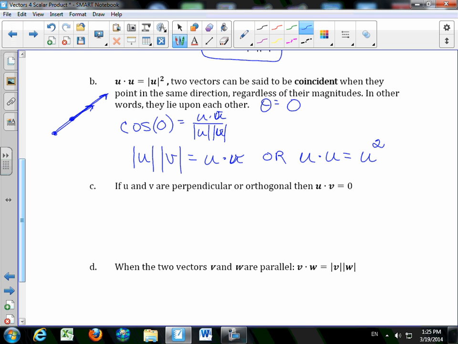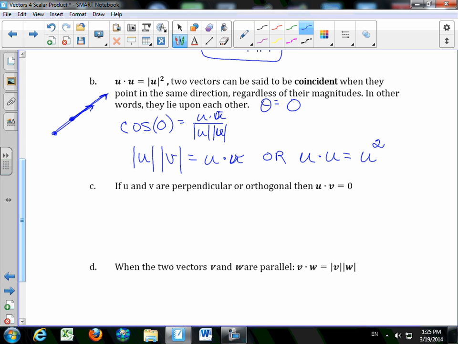If they're the same thing, they're just one on top of the other. This one to me is not that important of a property because it's not a situation that comes up very often. The only thing you could get asked on the exam is if they say two vectors are coincident, you need to know that they lie on top of one another, and then this is the property.